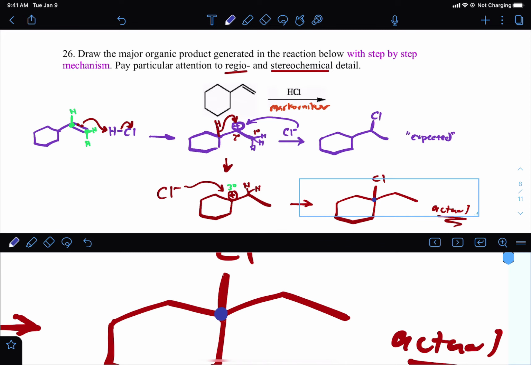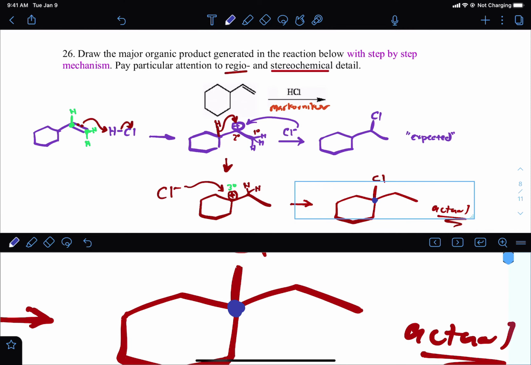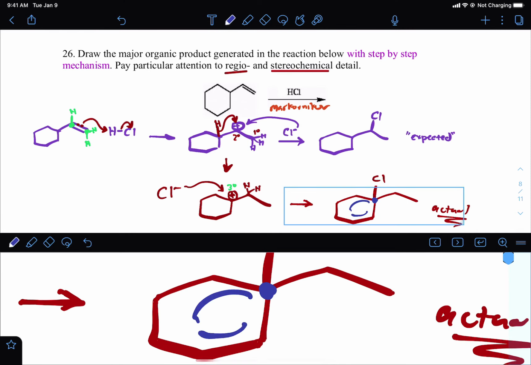That's not a stereocenter. It's symmetrical, this carbon has two symmetrical groups, one side of the ring and the other side of the ring. So there's no stereochemistry there.